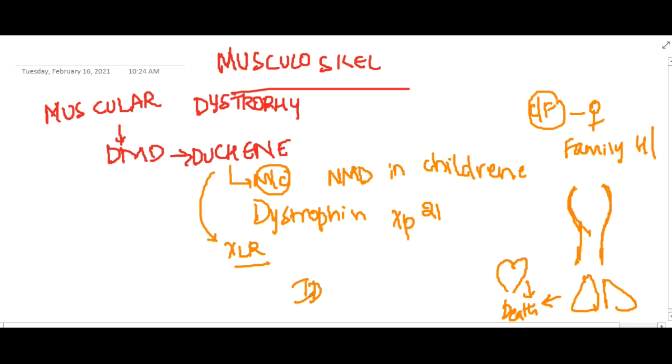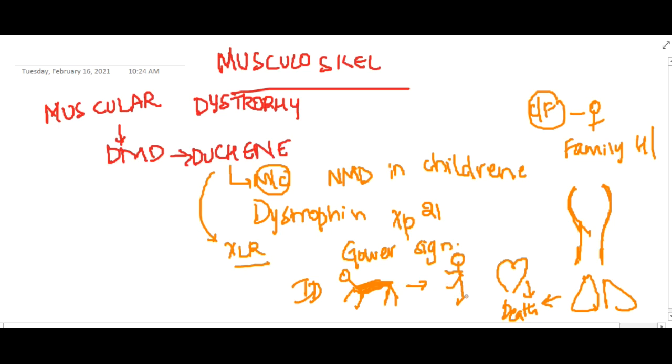There is intellectual disability, and Gower's sign is positive, where the patient, from the position where he stands on all fours, uses his hands to push on the legs to stand straight.